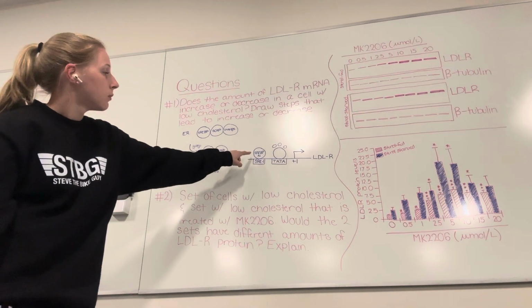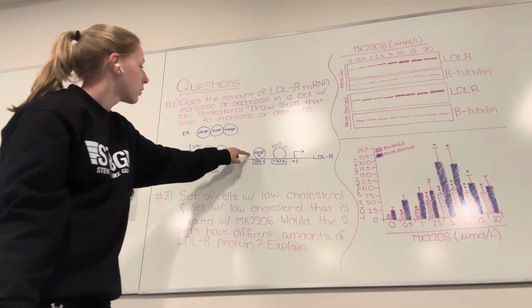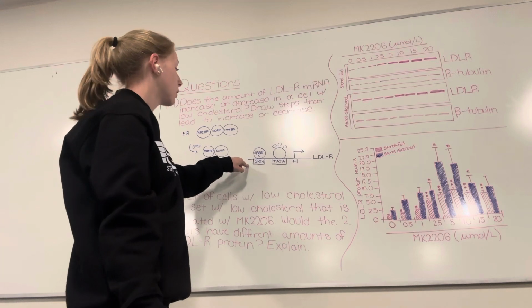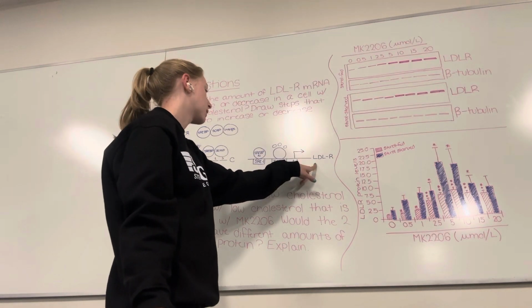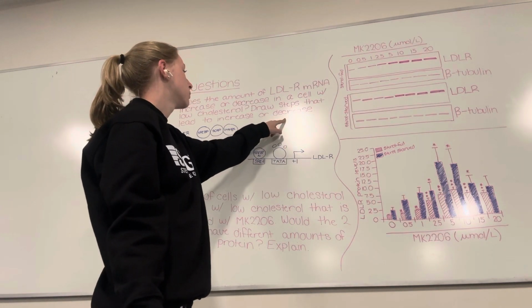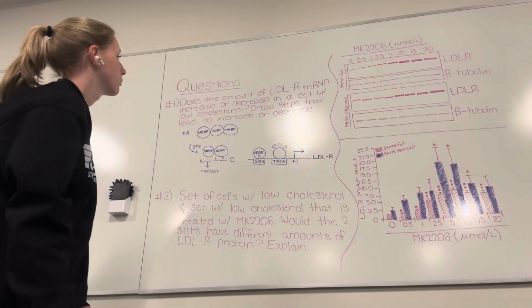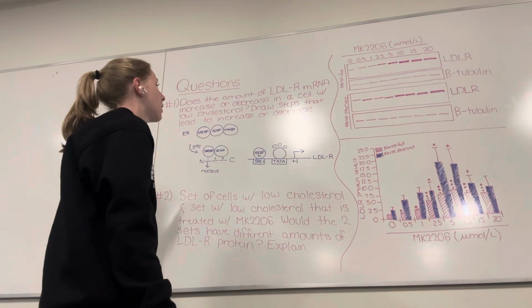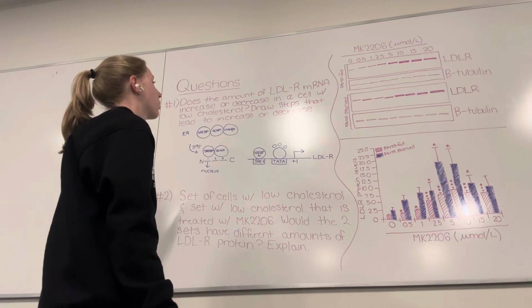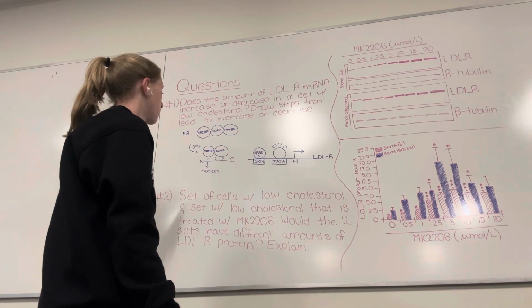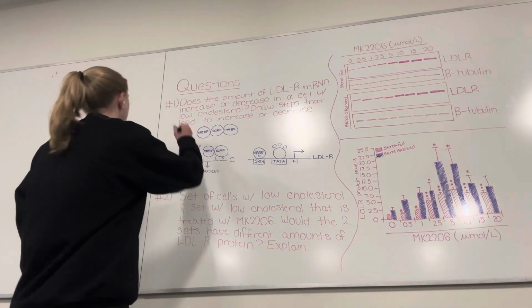If this SREBP-N did not bind to the SRE, that would not make the promoter active, which would cause a decrease because it wouldn't be able to produce the LDLR mRNA.